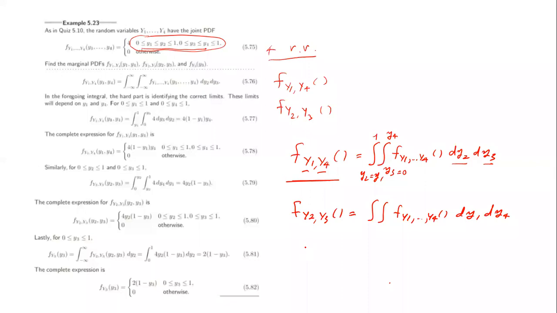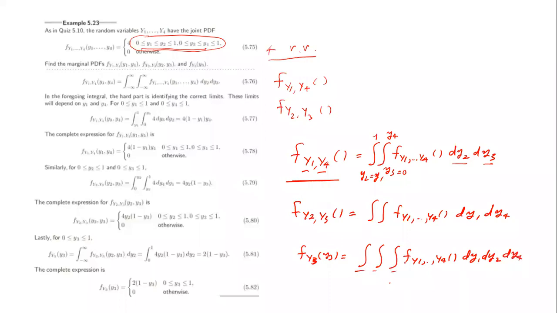If we want to find the marginal PDF of any of the random variables here, for example y3, then there should be a triple integration, right? The same function, and dy1, dy2, and dy4.